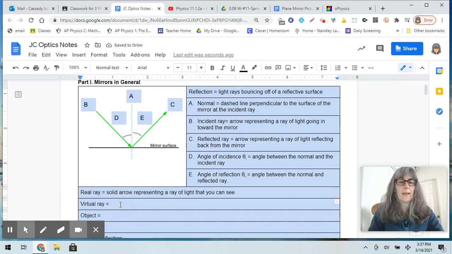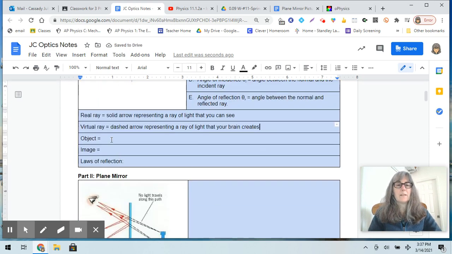A virtual ray is a dashed arrow that your brain creates. And we'll talk about that in a little bit.